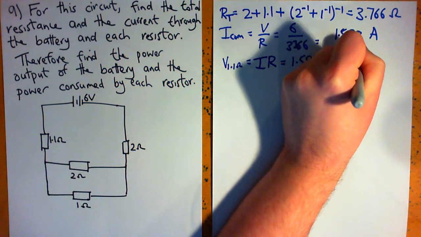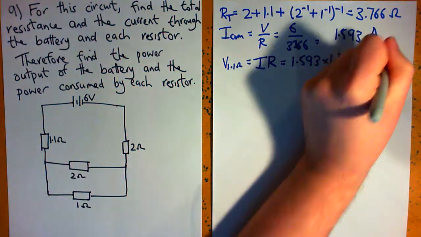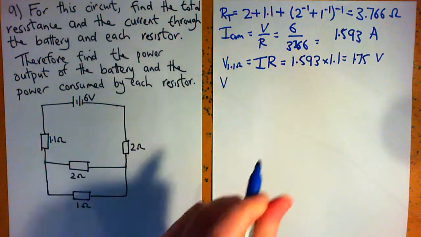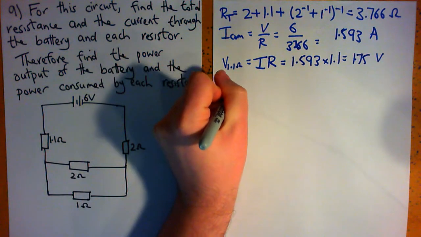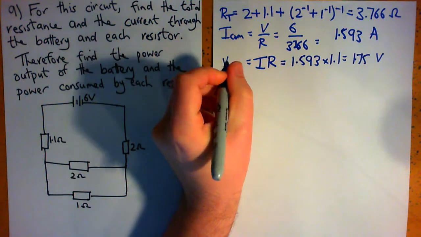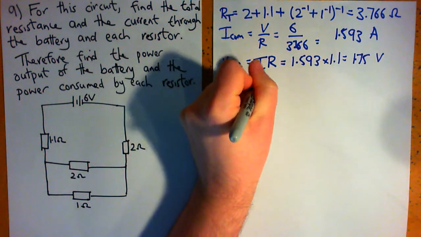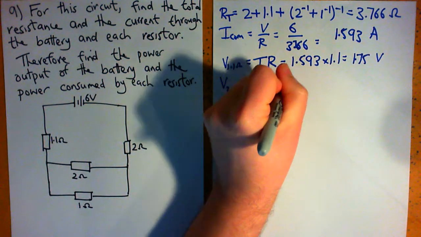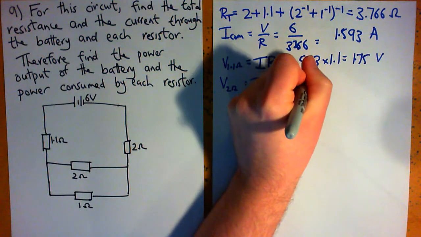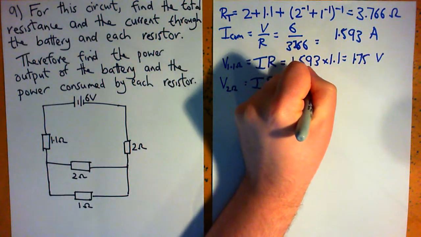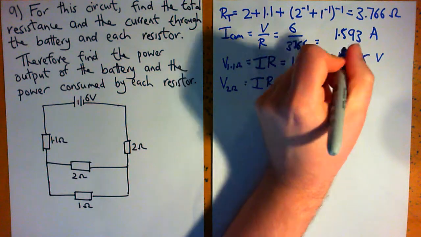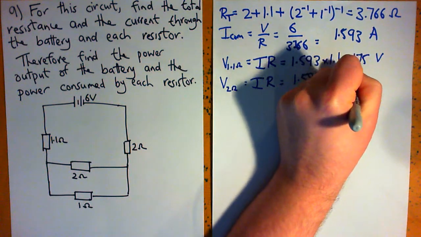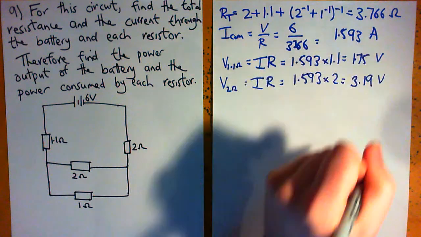If we calculate that, we get 1.75 volts. We also need the voltage across the 2 ohm resistor, which is again I times R: 1.593 multiplied by 2, and that gives us 3.19 volts.